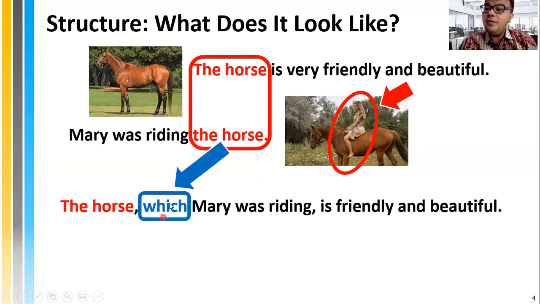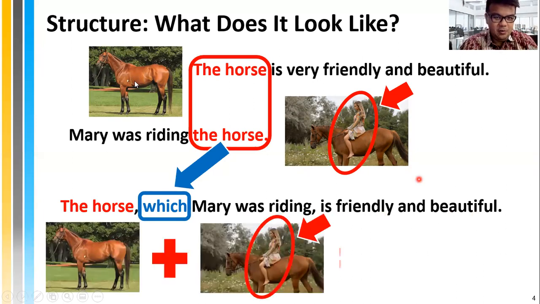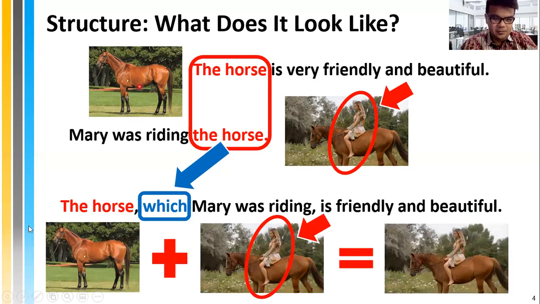How do we combine this? We use a relative clause, which is "which." The horse which Mary was riding, by the way. How is the horse? The horse is very friendly and beautiful.